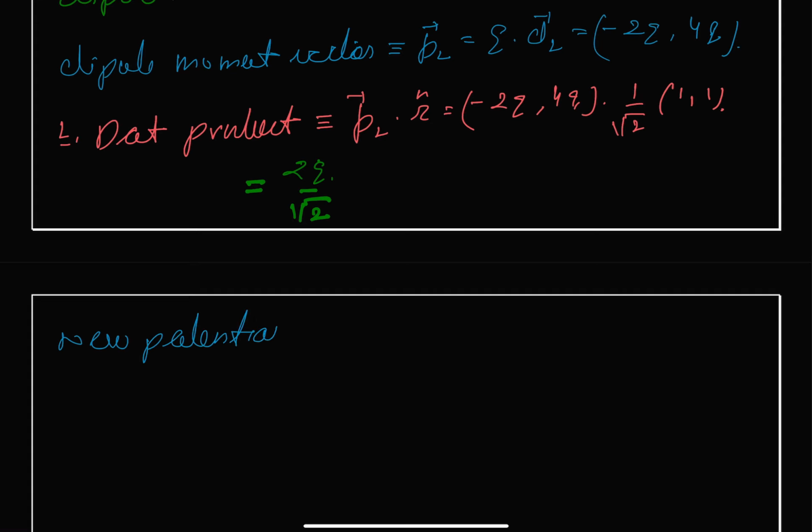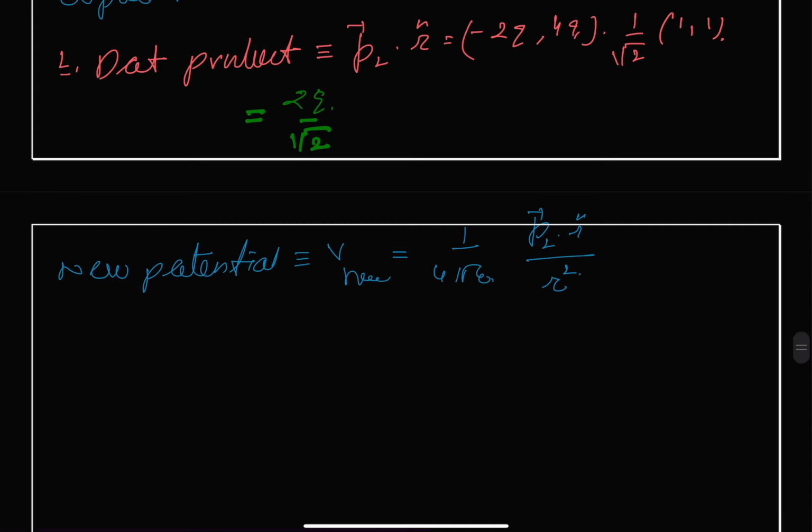New potential, let us call this as V new, will be equal to 1 upon 4 pi epsilon naught, and this will be our P2 dot R unit vector and divided by R square, and we get this as V new is equal to 1 upon 4 pi epsilon naught.